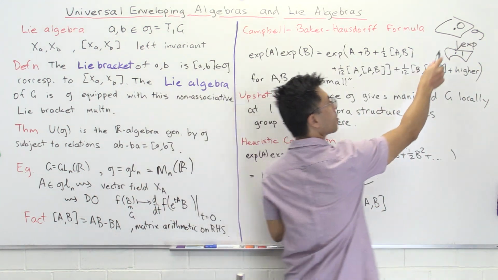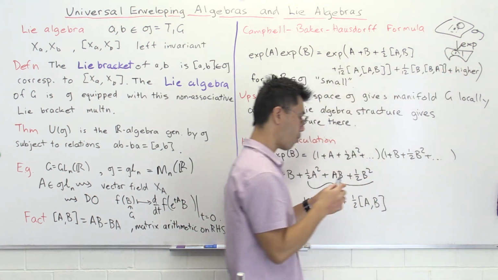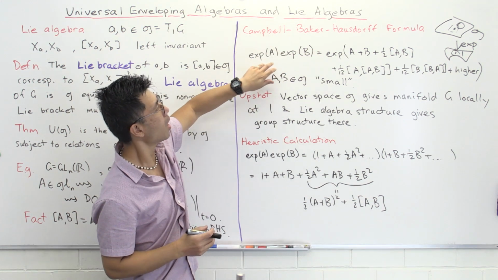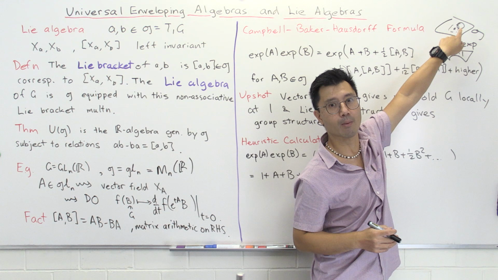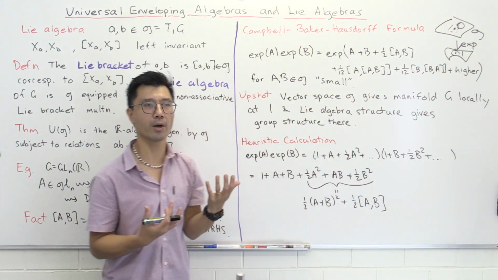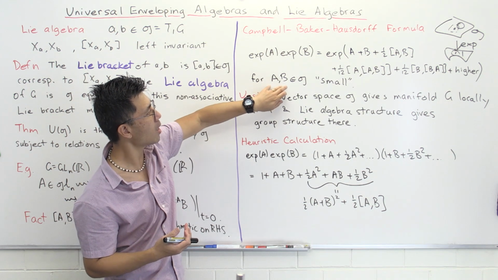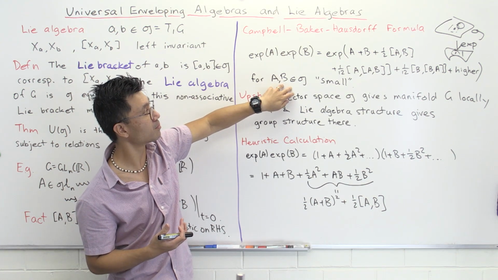If A and B are small, they're in some small neighbourhood which is diffeomorphic to a neighbourhood of 1 in the Lie group. And you can ask, is that the exponential of something coming up from above? And what is it? How do I work out this product using information in the Lie algebra? Okay, so that's the question.